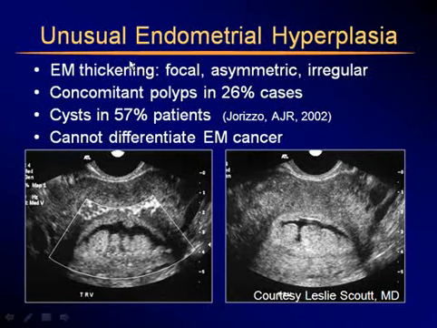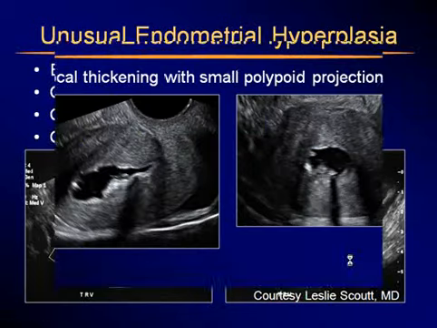Unusual appearances of hyperplasia would be when they are more focal or asymmetrical or irregular in their outlines, and in 26% of cases, they have concomitant polyps. There is polyp or individual formation, and they can have cysts, and again, would be difficult to differentiate from endometrial cancer.